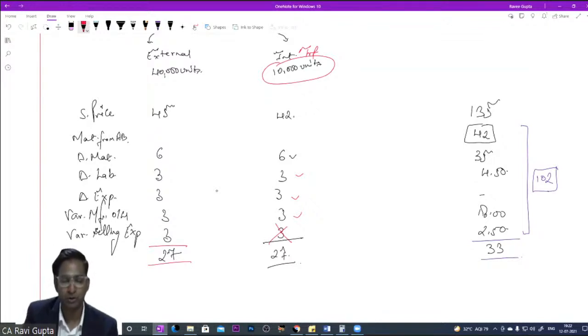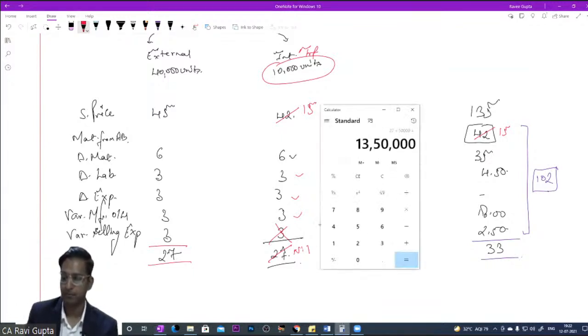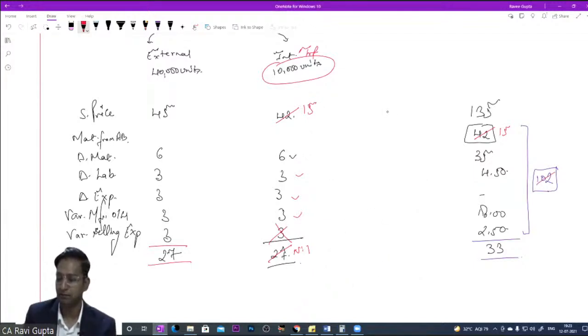So it is now going to transfer at 15 rupees, and this contribution will be nil. And this will be 102 minus 42 plus 15, 75 rupees.